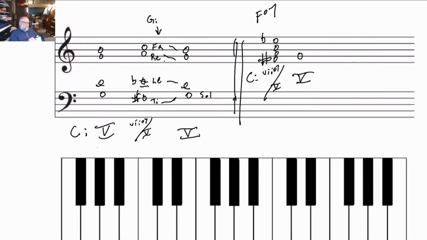What's another non-chord tone figure we could use? What about an appoggiatura? You know, what if we just leapt right out of the one chord, right into it? It's pretty extreme, but why not?